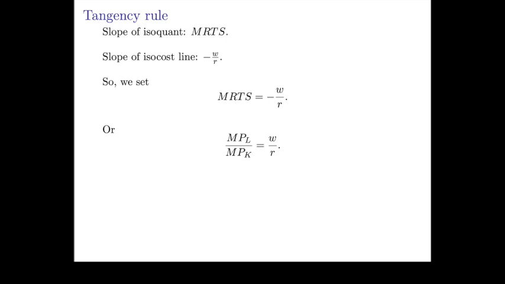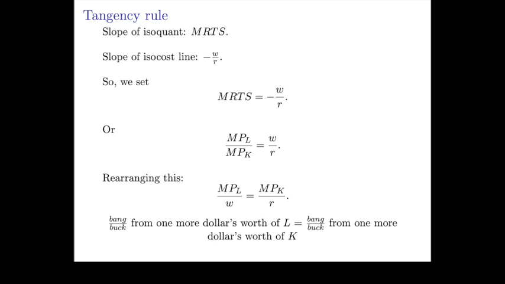So the negative signs cancel out, and we get the marginal product of labor divided by marginal product of capital has to equal the wage rate, or the price of labor, divided by the rental rate, which is the price of capital. If we rearrange this, we get the equation: marginal product of labor divided by wage rate has to equal marginal product of capital divided by rental rate.